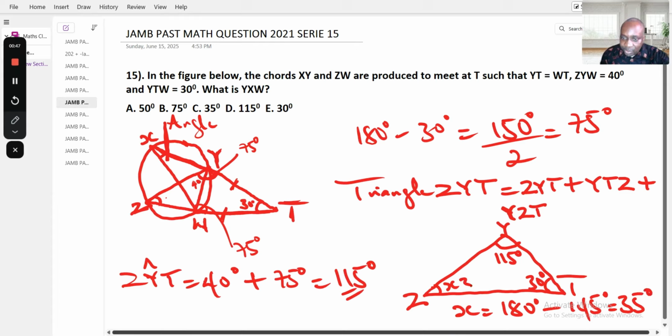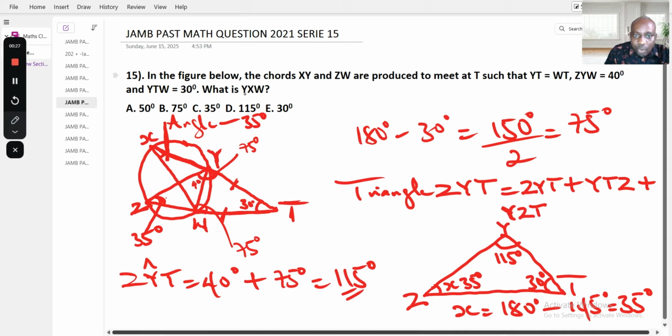It means that this angle will be 35 degrees. If this Z, which we calculated here, is 35 degrees, it means that the angle in the same segment, this angle too, is going to be 35 degrees. That's what the question said we should look for.